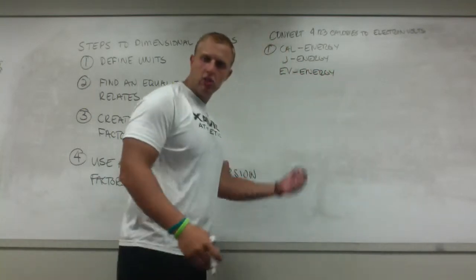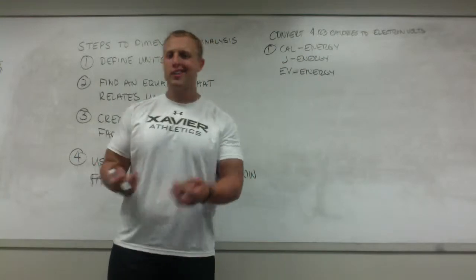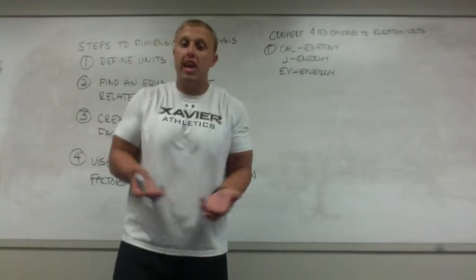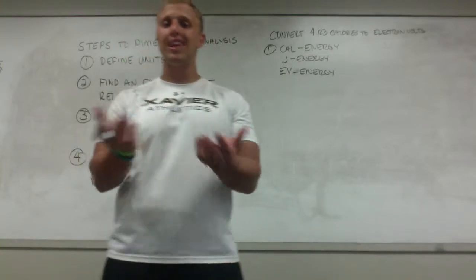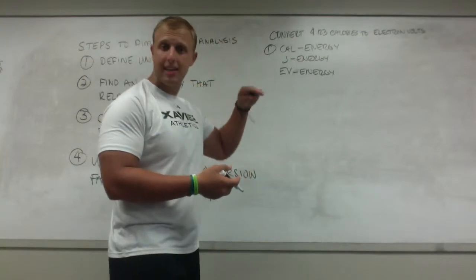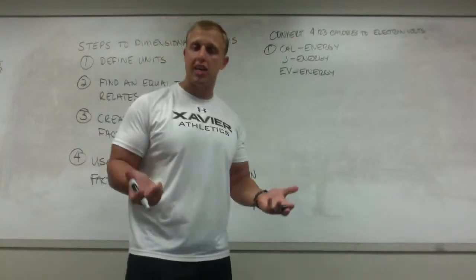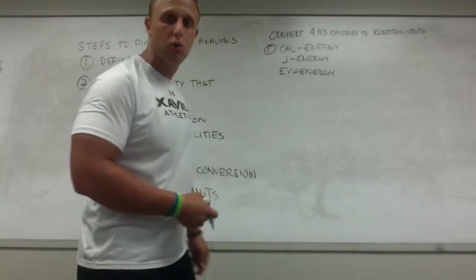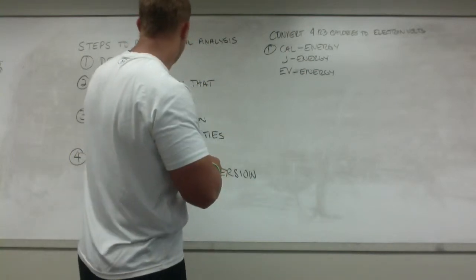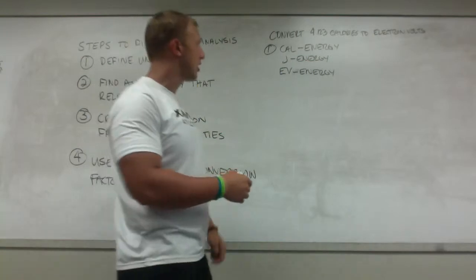If one is a unit of temperature and one is a unit of energy, you can't relate those. Those can't be related through a simple equality. But if we know that they're all units of the exact same phenomena, we can relate those very easily through a single equality, right? So now we're going to find equalities that relate the units.